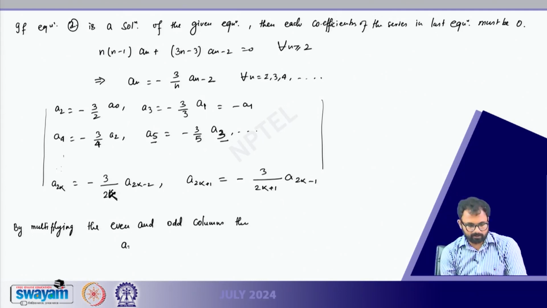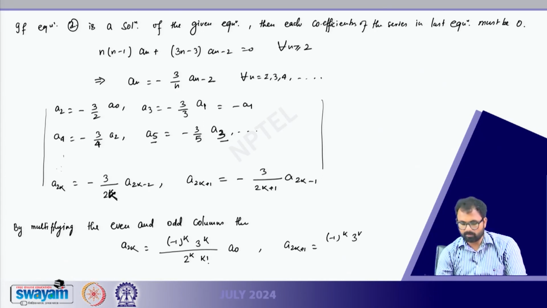So, with even and odd columns, a_2k will become minus 1 to the power k, 3 to the power k by 2 to the power k into factorial k, a0. Similarly, a_(2k plus 1) equals minus 1 to the power k, 3 to the power k, divided by 3 into 5 into 7 up to 2k plus 1, into a1, for all k greater or equal to 1.